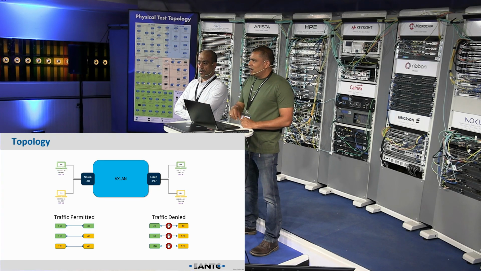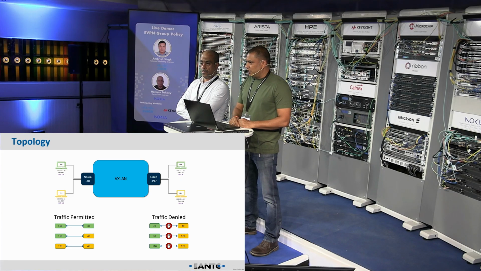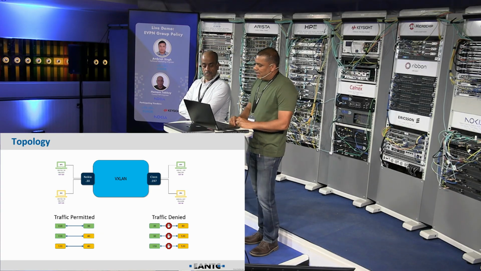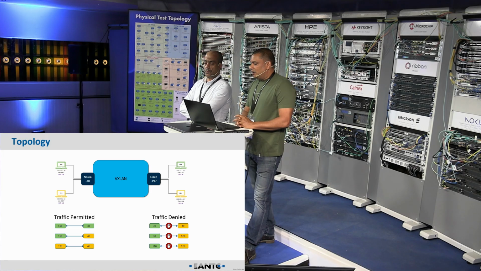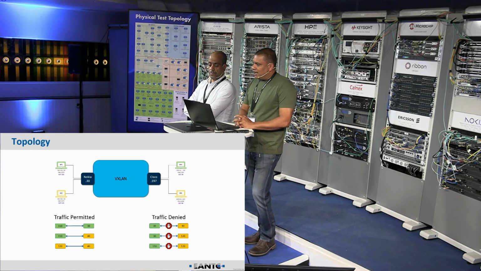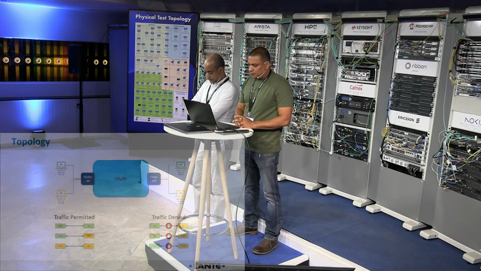That means the top two hosts connected on Nokia and Cisco can communicate with each other, as they are part of the same VLAN. The second type of traffic we allow is the host connected on Nokia on top talking to the host connected on Cisco, the yellow endpoint. Finally, we allow communication between the endpoints connected to Nokia and Cisco which are marked in yellow. The rest of the communication we want to block, as you see on the right-hand side.